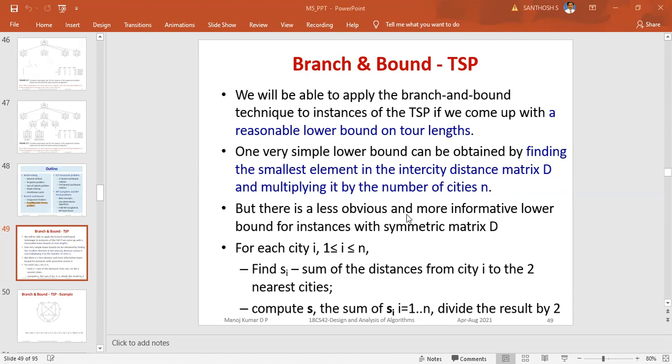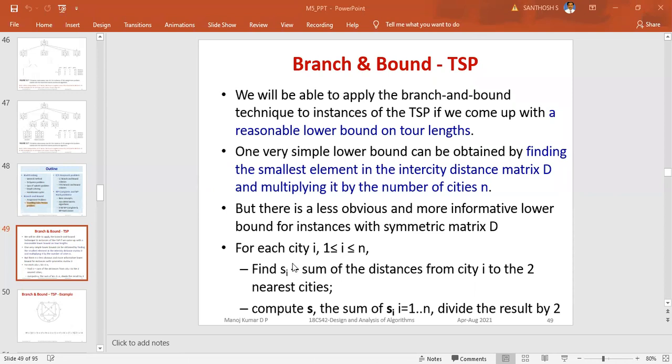But there is a less obvious and more informative lower bound for instances with a symmetric matrix D. For each city i, where 1 ≤ i ≤ n, find si, that is the sum of distances from city i to the two nearest cities.